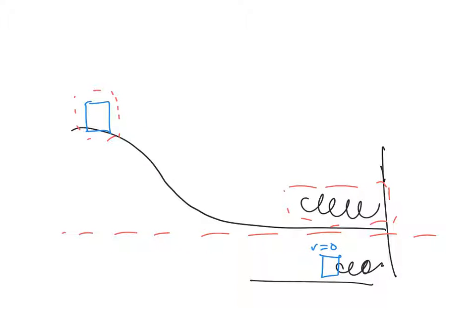So this gives us two pretty clear examples. In the before, this object has a height. It can fall. This is the distance that it can fall. So in the very beginning, the object only has gravitational energy.